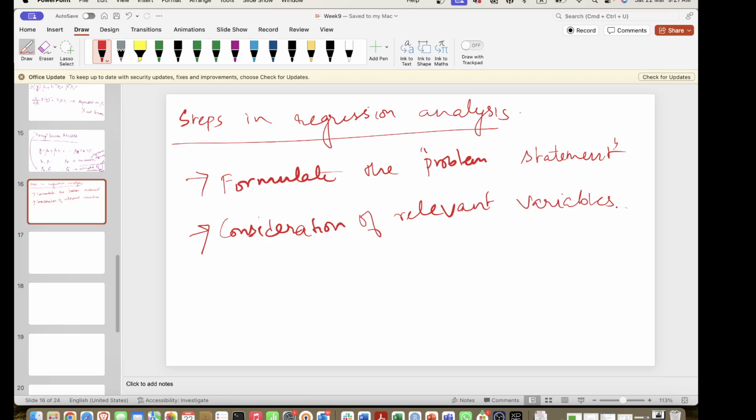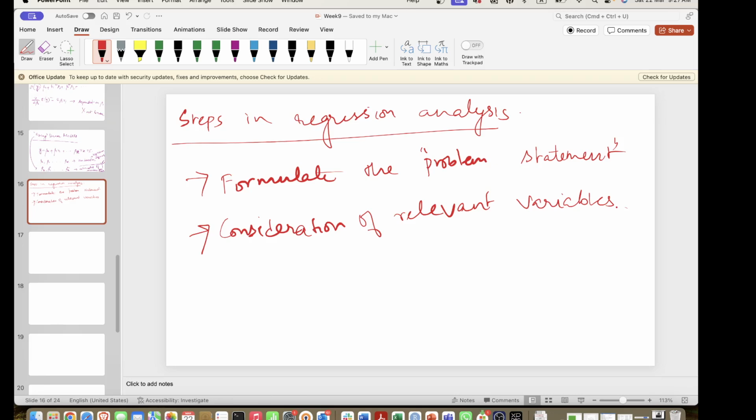Initially, we should take all the variables that we feel are relevant to the problem. It's also not as straightforward as it sounds, because if we are considering surveys for data collection, then if we increase the number of variables, there could be an increased cost associated with it.